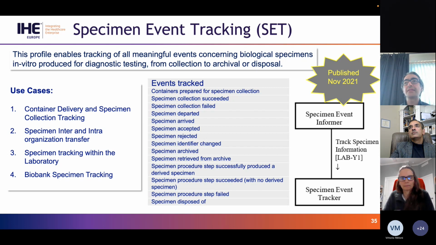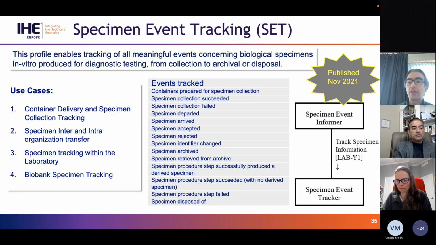But after that, we realized that these are some events that are outside of the context of LBL. So from that idea, what the committee built is a new profile, which is called the specimen event tracking, with the aim to track all the major events that occur in the life cycle of a specimen from the moment that it has been collected inside the barcoded container, up to its disposal.